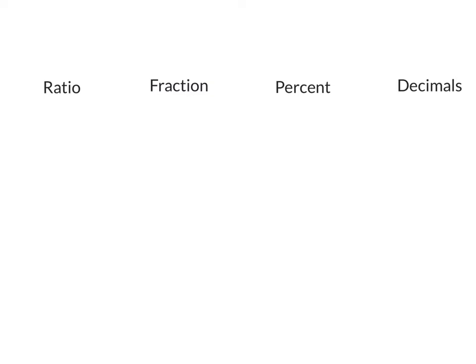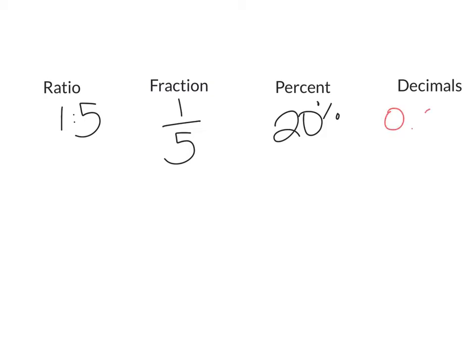So let's take that ratio that we did before. So if we have the ratio of 1 to 5, the fraction of 1 over 5, and we talked about what the percent was. The percent was 20%. The decimal would be 0.20.